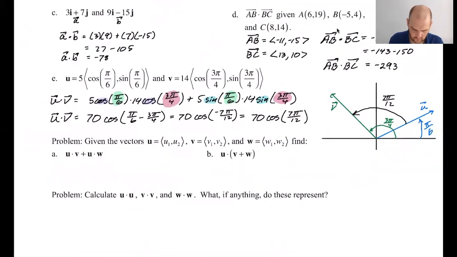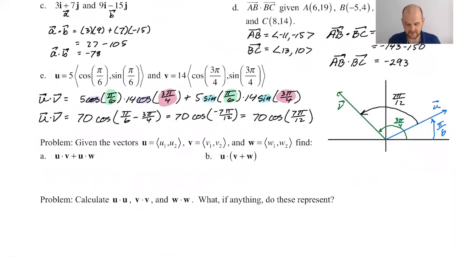Well, what the heck? Look at what's happened here. 7 pi over 12. This is pretty exciting. Get excited. We got 7 pi over 12 here. And so it looks like the dot product ended up 5 times 14, the product of the magnitudes, and then we just took the cosine of the angle between the vectors.